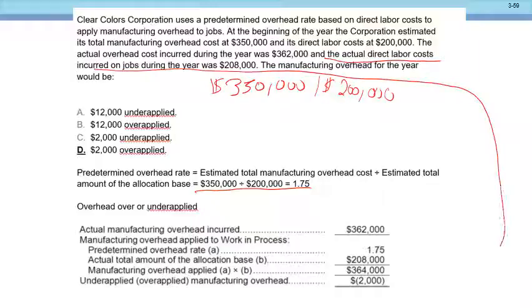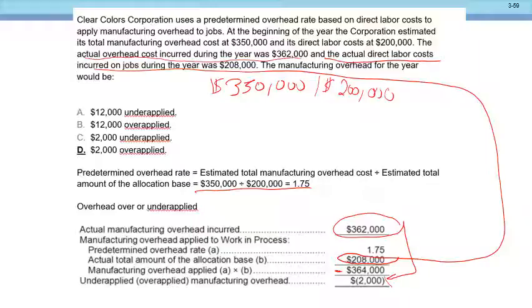We pick that up. We multiply that by the $1.75 per direct labor dollar, which is 362. And we compare that to what? To the actual overhead cost. They tell me the actual overhead cost was what? 362. That difference is this 2,000, isn't it?